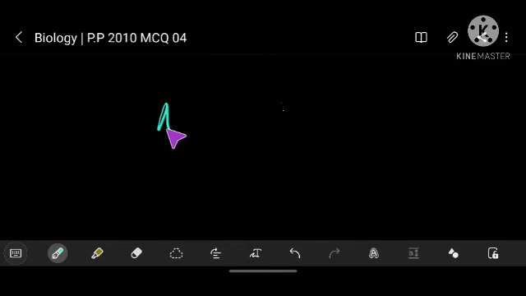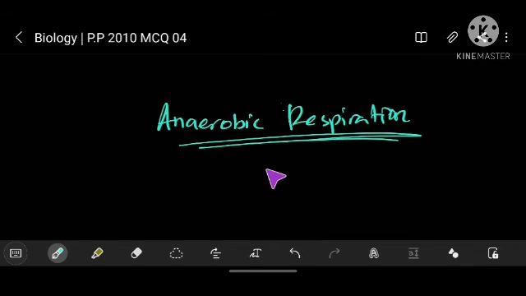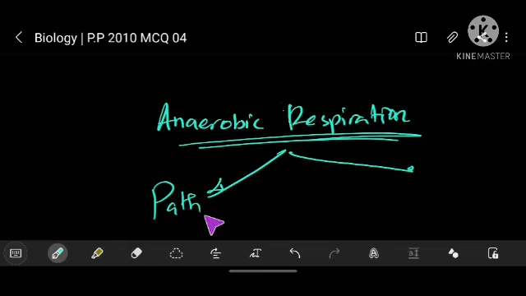Under anaerobic respiration there are two pathways: one that happens in animal cells, and the other that happens in fungi and plants.